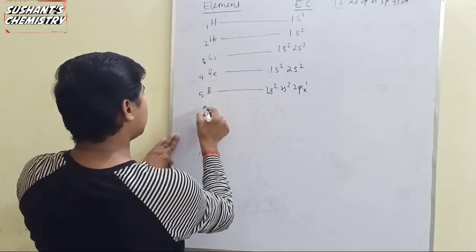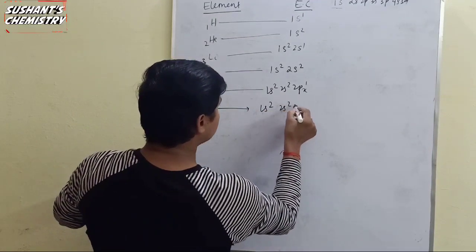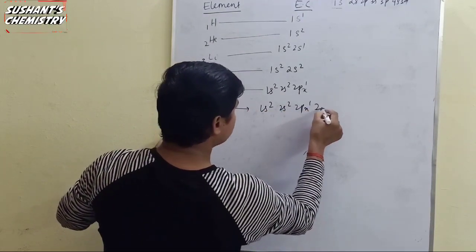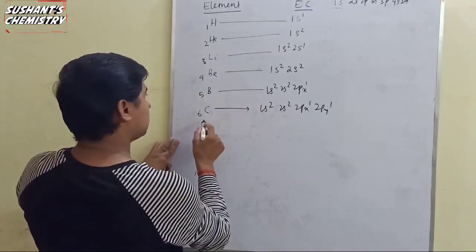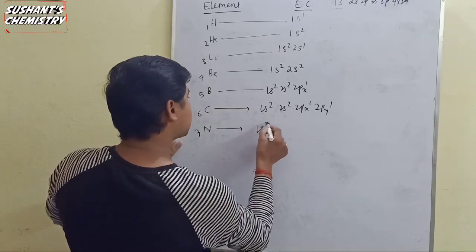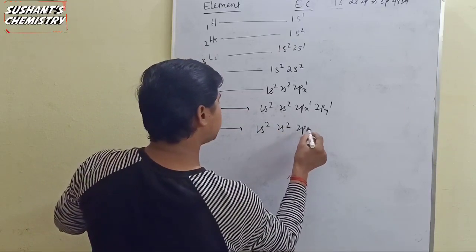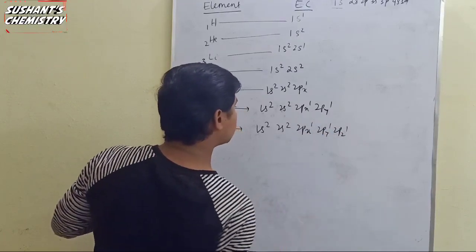Carbon 6, that is 1s2 2s2 2px1 2py1. Nitrogen 7, 1s2 2s2 2px1 2py1 2pz1.